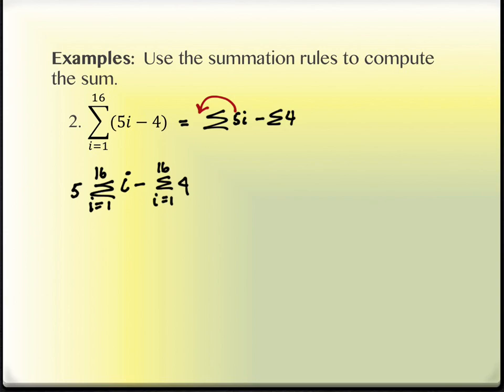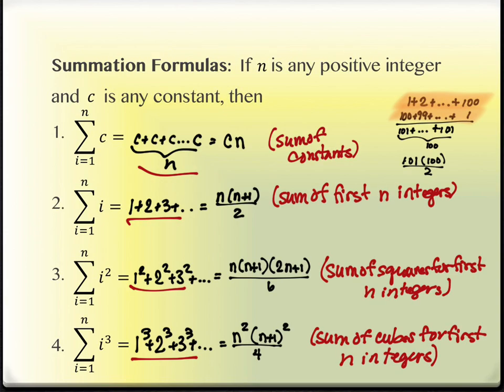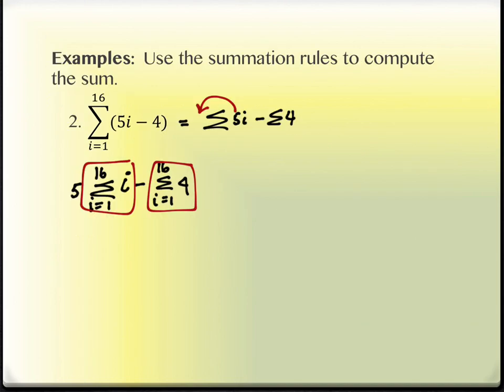Why? Well, I did that because these pieces now look exactly like one of these forms, but with a number placed in there for n, and there's a constant c that's given to us. It's a 4. But they look exactly like the forms on the previous slide or on your previous paper.